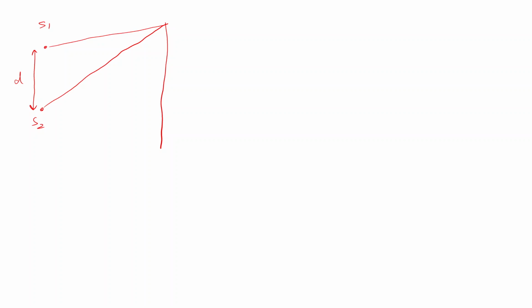Both sources are in the same vertical plane. The distance between the screen and the sources is the same for both S2 and S1, and I'm denoting it by capital D.